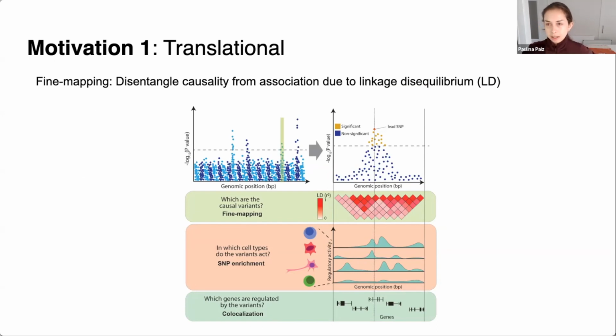I think there are one-hour talks on what linkage disequilibrium is, but if you think about it from a statistics point of view, it's attributing the causal effect to one specific single nucleotide polymorphism. Because there are many significant ones, it's about knowing which specifically are the causal variants.